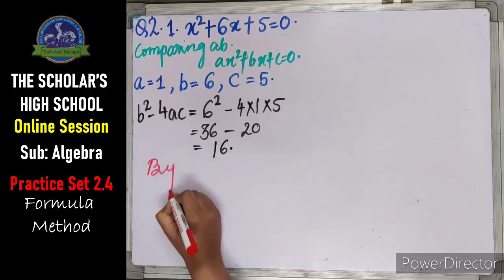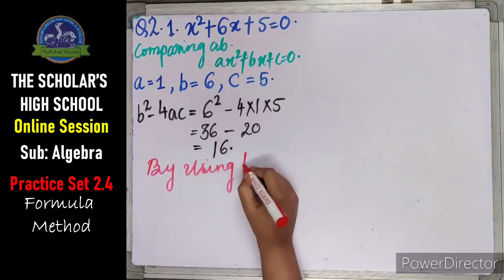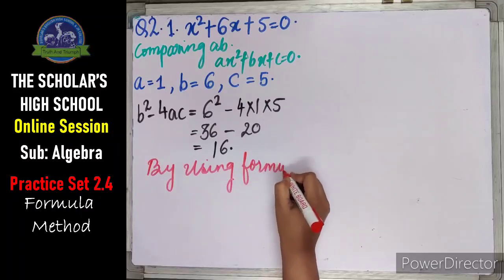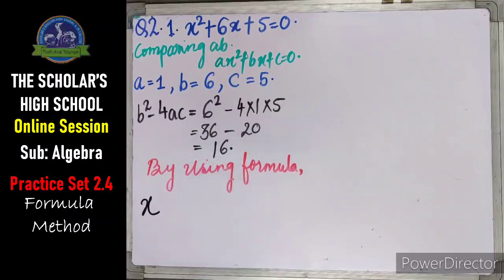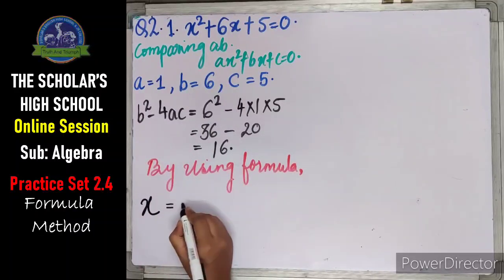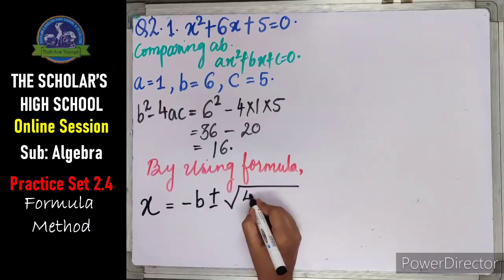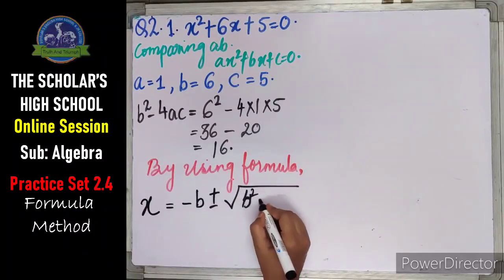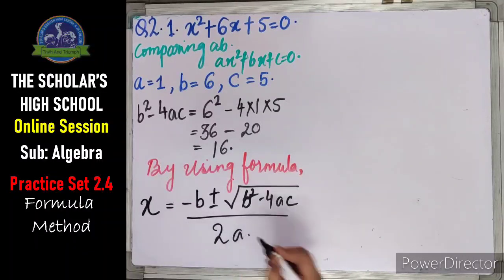Now we are going to write by using the formula. This is the step you are going to follow. So what is your formula? The variable given in the question, x, is equal to minus b plus minus under root b square minus 4ac upon 2a. So we have the values for all.